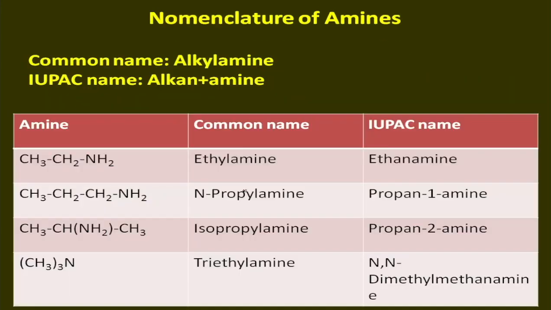Nomenclature of amines. The common name is alkyl amine and the IUPAC name is alkane plus amine. Number 1, CH3CH2NH2, the common name is ethyl amine. The IUPAC name is alkane plus amine, ethane amine.